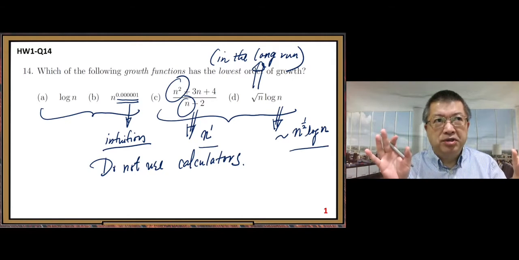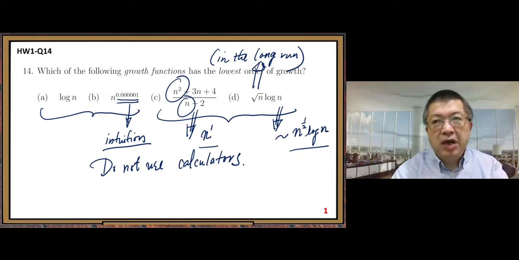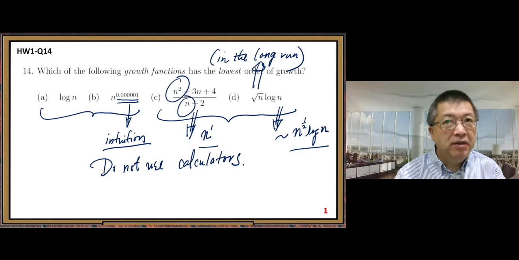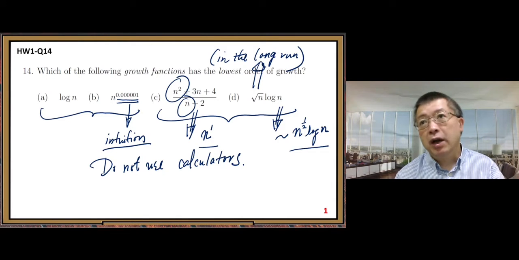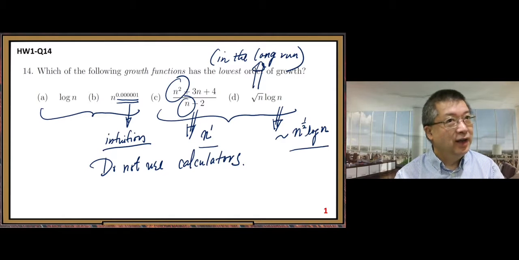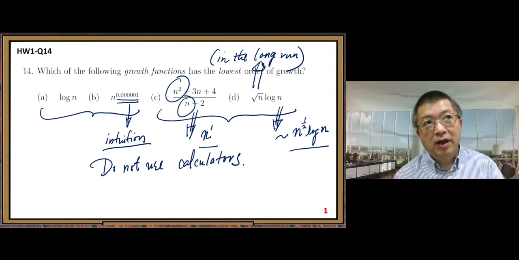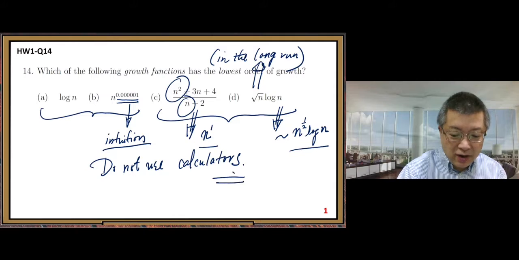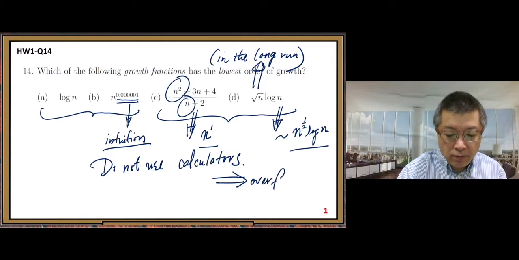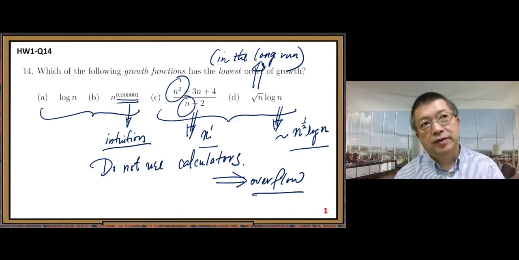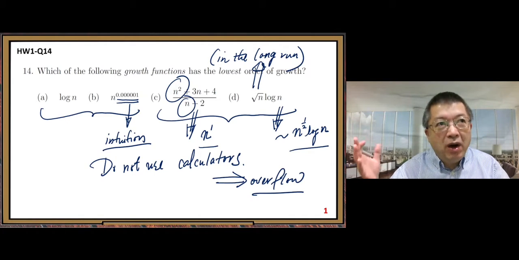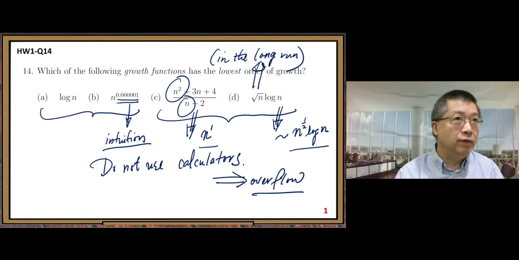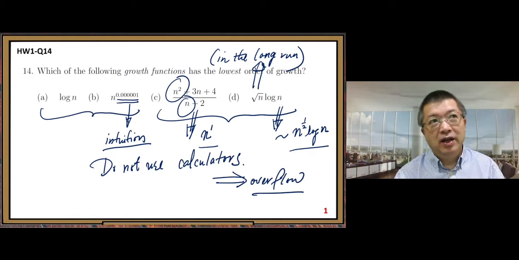You cannot plug in extremely large numbers, because your calculator will get overflow. But when we consider our algorithm problems, we don't have that overflow limitation. So for that reason, don't even try it.